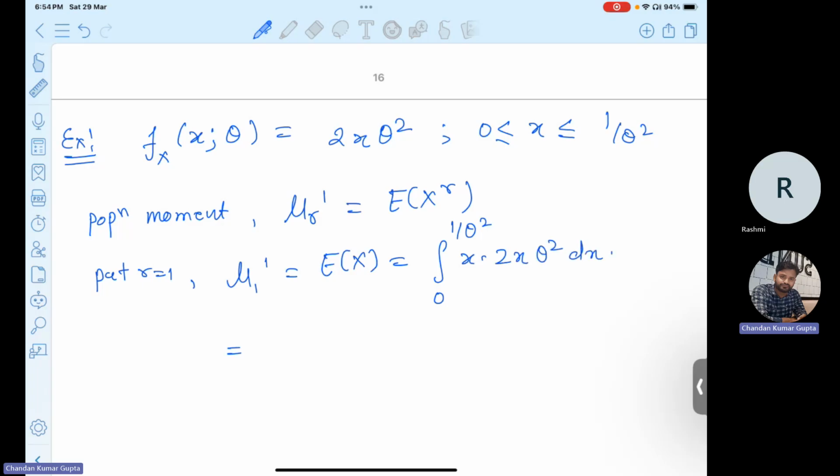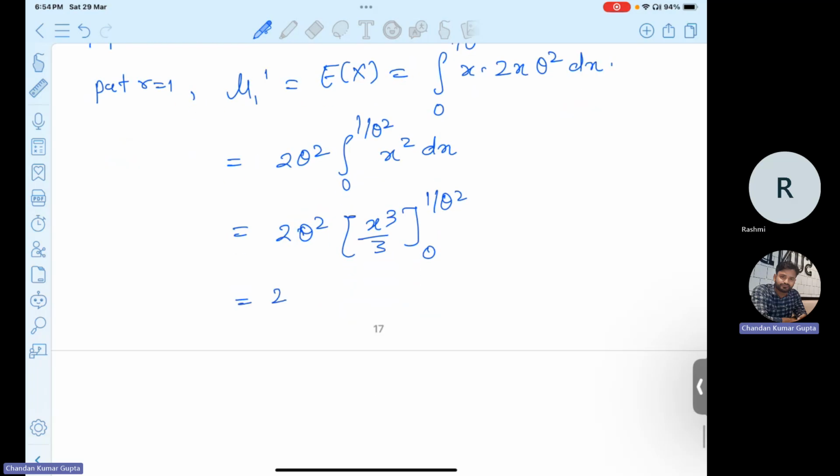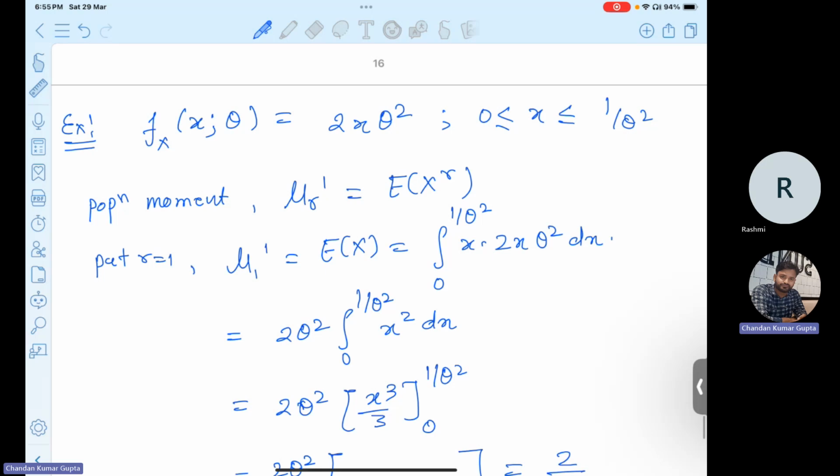So 2 by theta square comes out common, integral from 0 to theta of x square dx. So 2 by theta square into x cube by 3, from 0 to theta. After solving, we get 2 upon 3 theta.